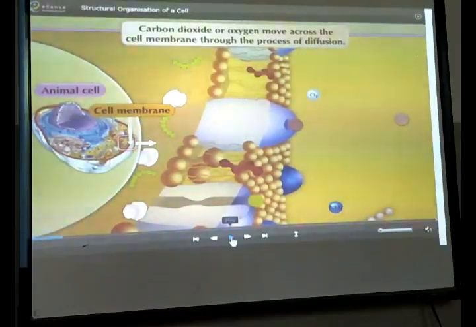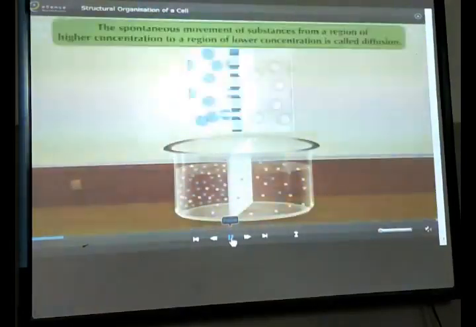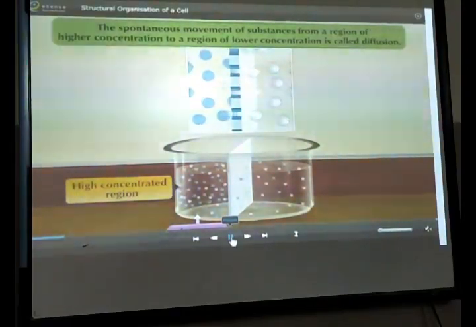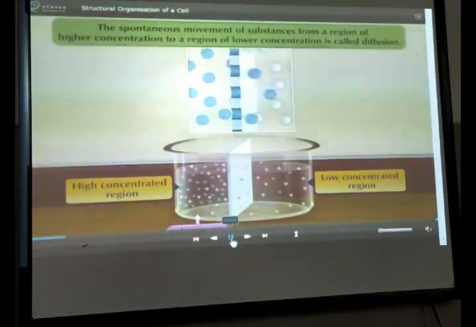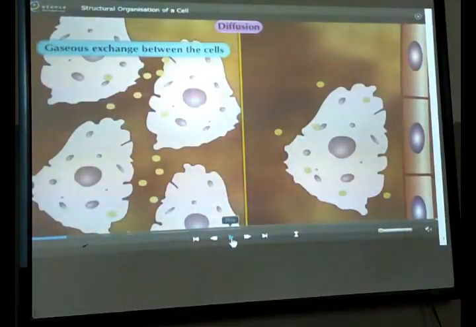So the diffusion process takes place there, and this gas enters the cell through the cell membrane. So H2O, water, and CO2, carbon dioxide, as per the need of the cell, they enter the cell.